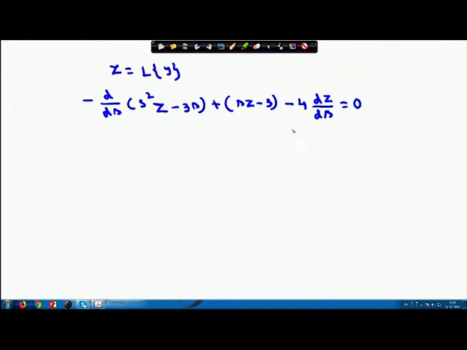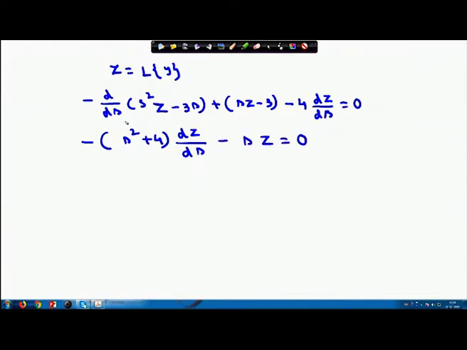If you make d/ds over here, you will obtain minus s square plus 4 into dz/ds minus s z equals 0.